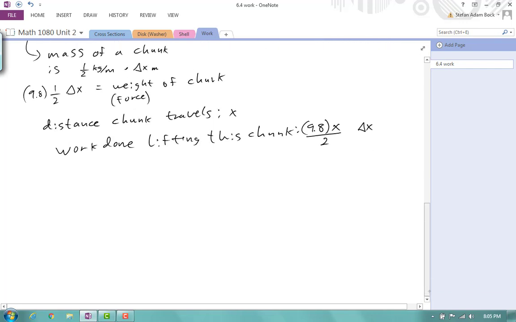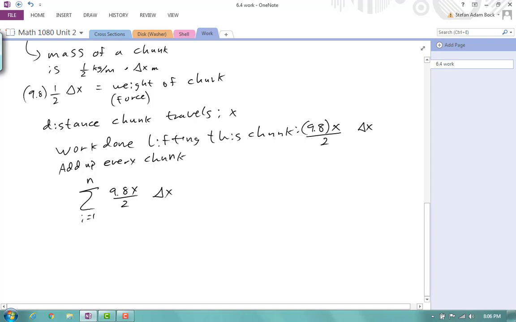And what we're going to do is just add up all the chunks. Chunk is spelled with an N. So this is the sum from i equals 1 up to however many chunks I make of 9.8x over 2 times delta x.